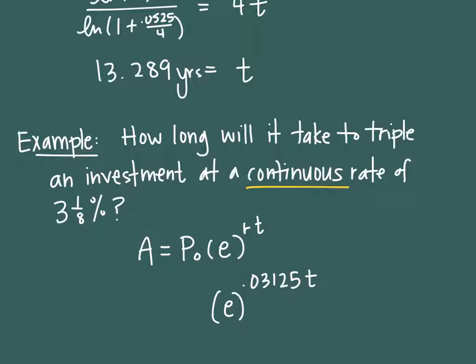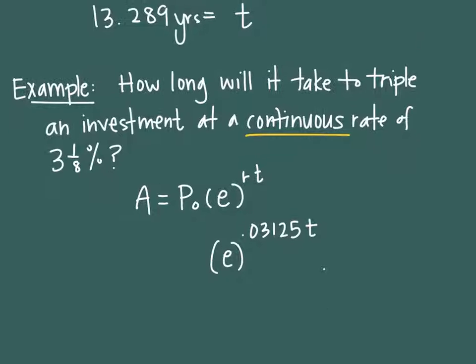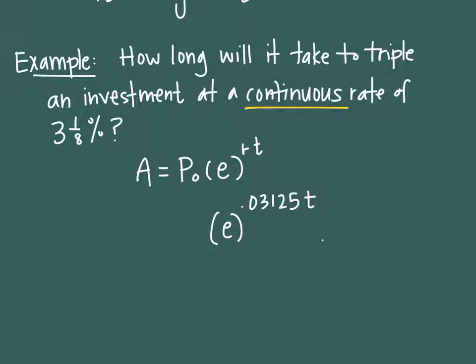Now it might be a little bit of a puzzle. What do I put in for P? There's no dollar amount. It just says I'm supposed to triple it. Okay, so I'll let you in on a secret. It doesn't matter what you put in for P as long as you triple it on the other side. So if I picked 10, what would I put on the other side? 30.